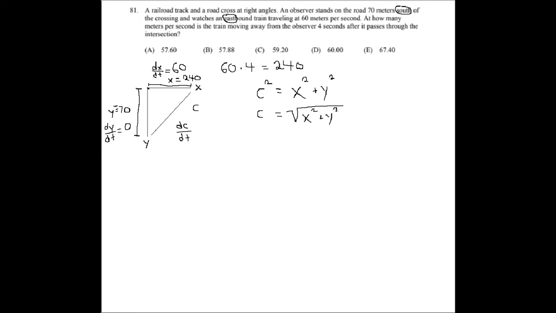Because remember, in order to find dc/dt, we have to isolate our c. So before we take the derivative, I'm going to rewrite my square root as a fractional exponent, because that'll make it a little bit easier when we do the power rule. So we're going to say x squared plus y squared all to the 1/2 power.